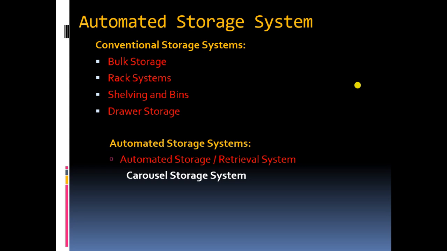The objectives of automating storage operations are normally to increase storage capacity, to increase storage density, to recover factory floor space presently used for storing work in process, to improve security and reduce pilferage, to reduce labor cost and or increase labor productivity in storage operations, to improve safety in the storage function, to improve control over inventories, to improve stock rotation, to improve customer service, and to increase throughput.